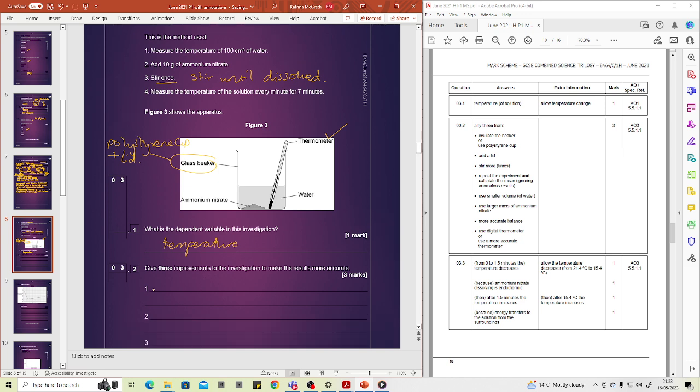So change to polystyrene cup. And add a lid is a separate marking point. Hooray! Change to polystyrene cup for better insulation. Prevent heat loss by adding a lid.